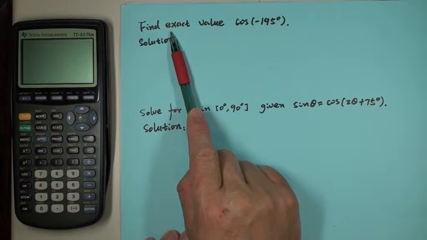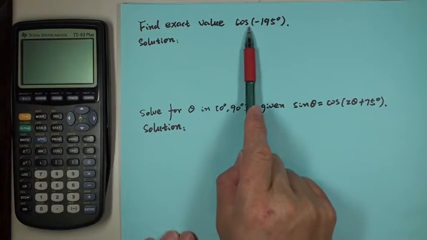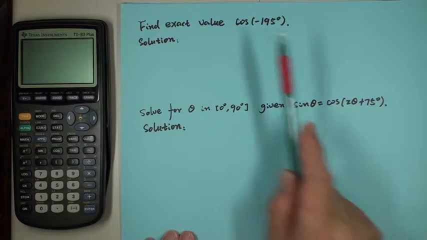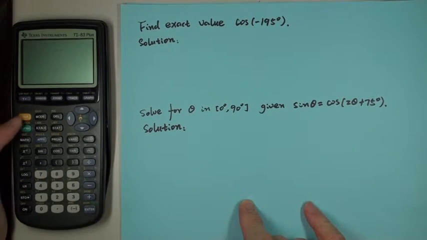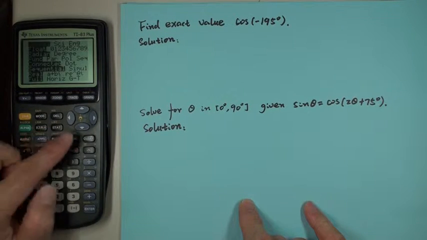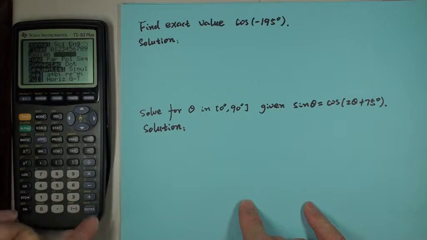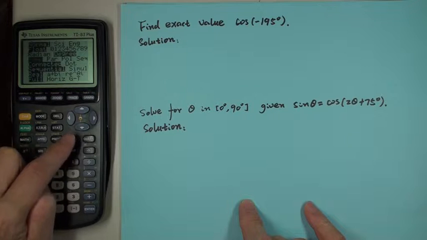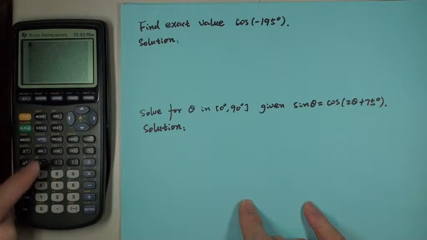Here it asks us to find the exact value. So the approximate value for this one will not be accepted. Some of you may do this: if the calculator is in degree mode, you hit enter, and then you do second, quit.